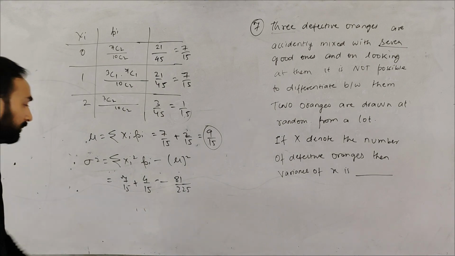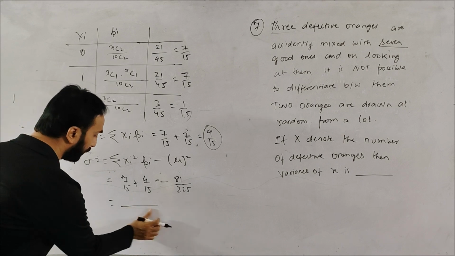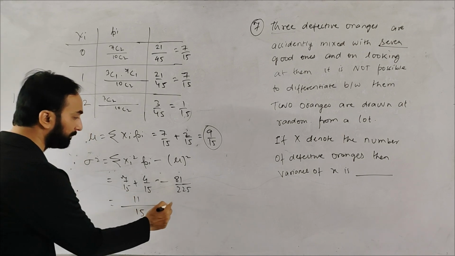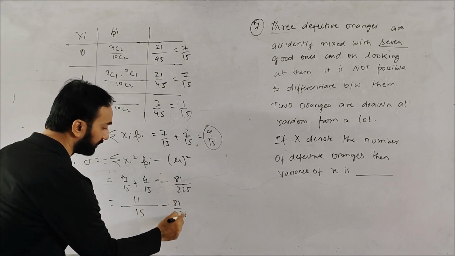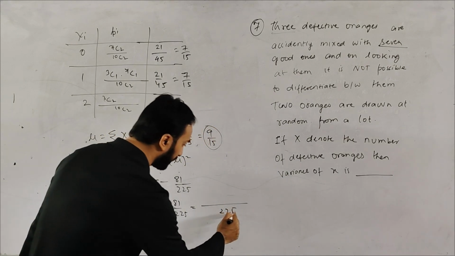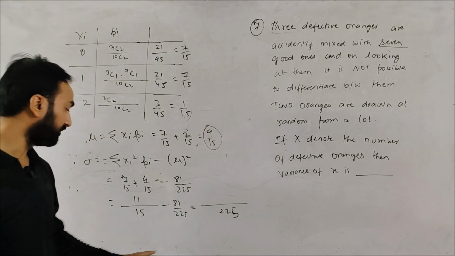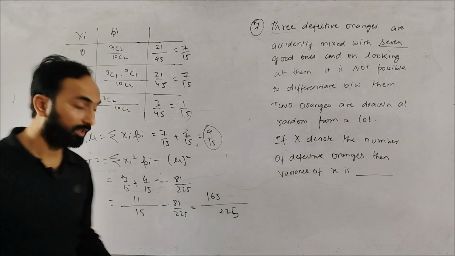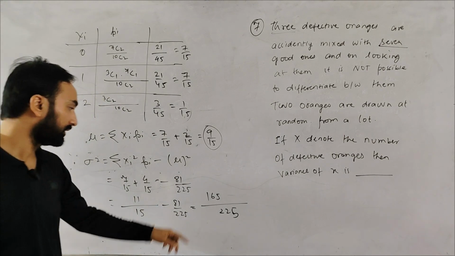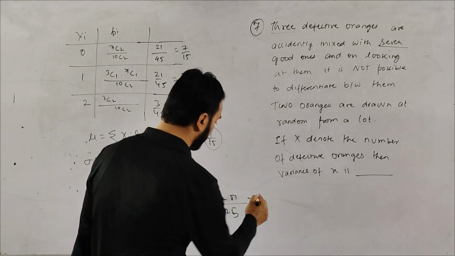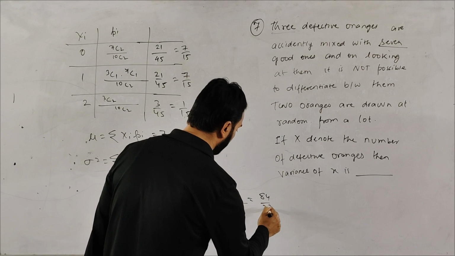Correct? Now 15 in the denominator: 7 plus 4 is 11 by 15, minus 81 by 225. Now take the LCM as 225. 15 into 11 is 165, minus 81, so this comes out to be 84 by 225.